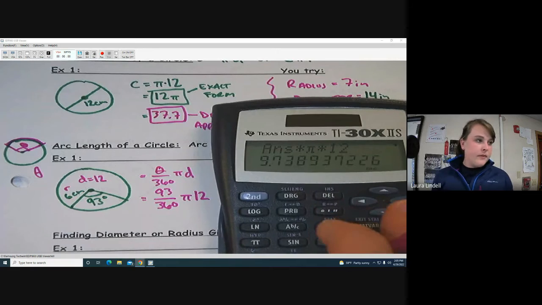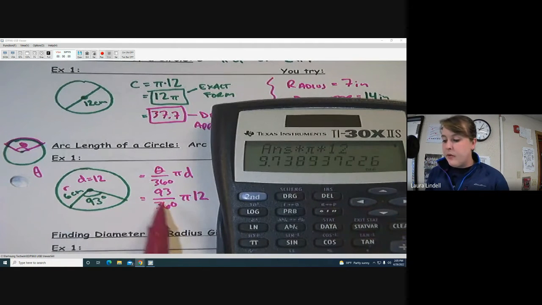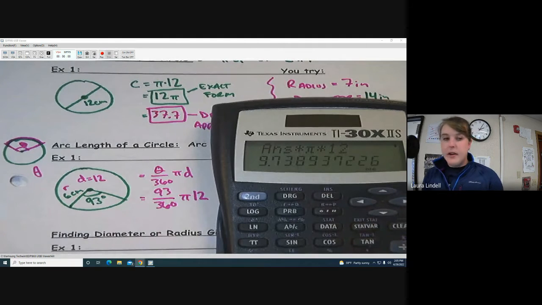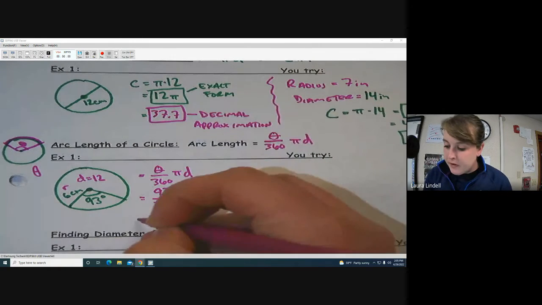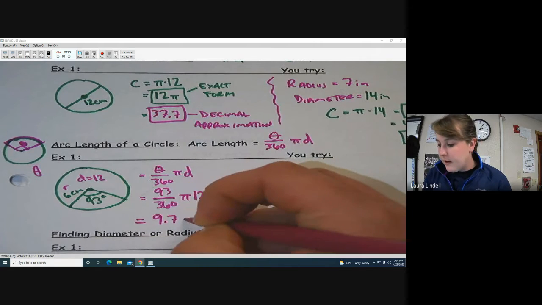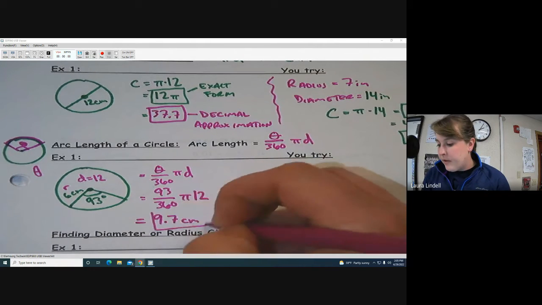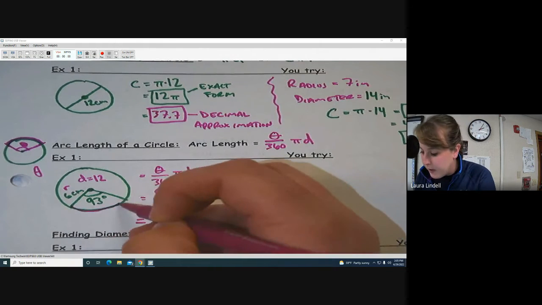And on this one, unless you get a whole number when you do 93 over 360 times 12, you can leave it as a whole number times pi for exact form, but most of these are going to be in decimal form. So I'm just going to leave this one as a decimal, 9.7 centimeters. And what that 9.7 centimeters represents is this length right here.